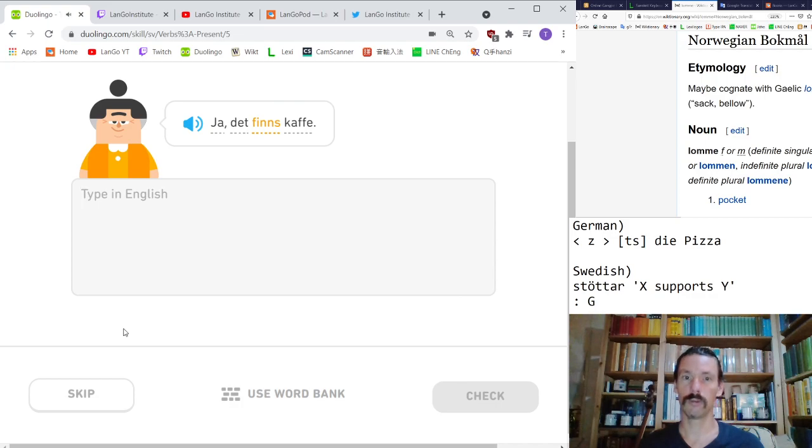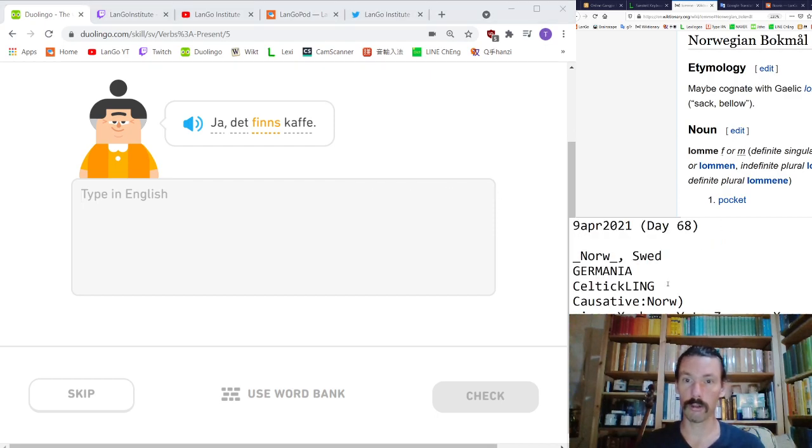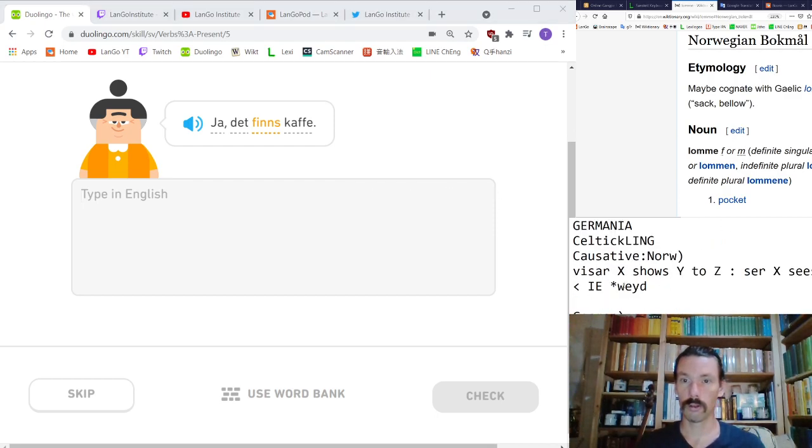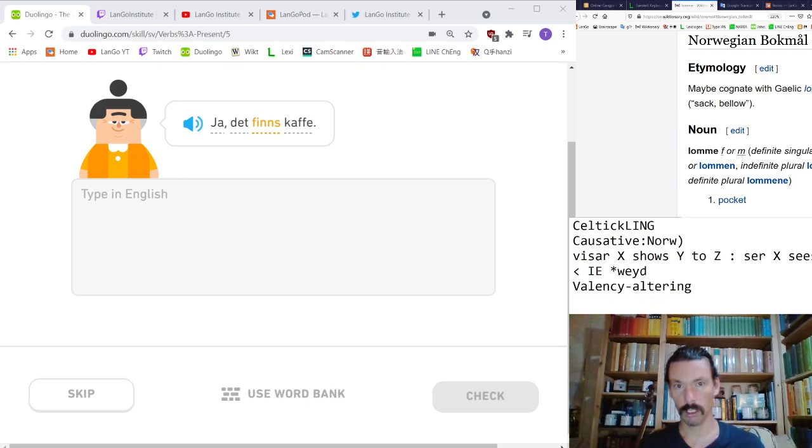Ja, det finns kaffe. This would be pertinent to that causative and other valency altering operations. Finns, the root is that of find, and this S is an Old Norse reflexive suffix, fusion of sig, I think.